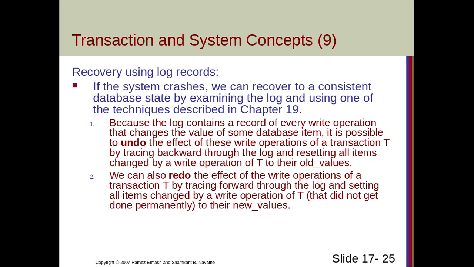We can also redo the effect of write operations of a transaction by tracing forward through the log and setting all items changed by the write operation of T to their new values. That means either you can undo all the operations to their previous state, or from a consistent state you can redo all the operations so that it will enter a consistent or reliable state.